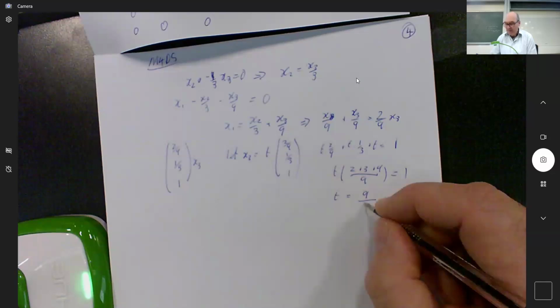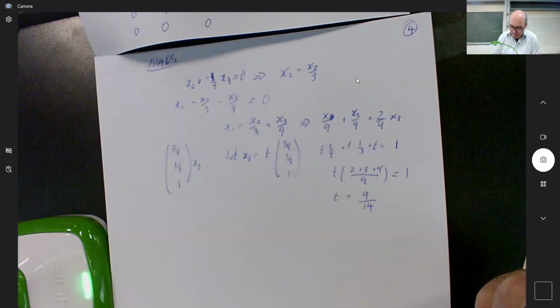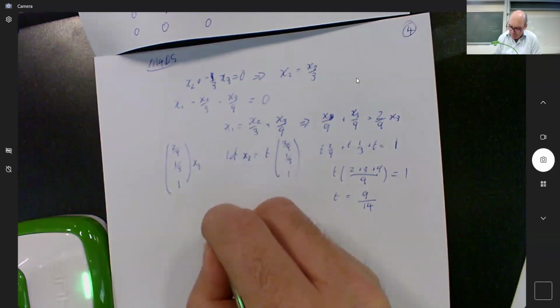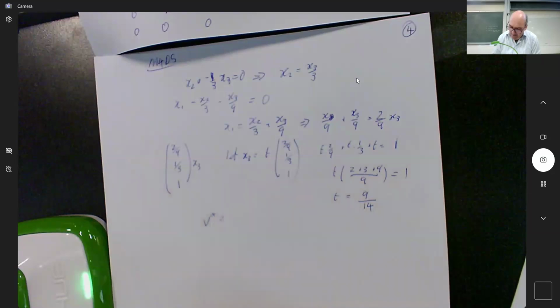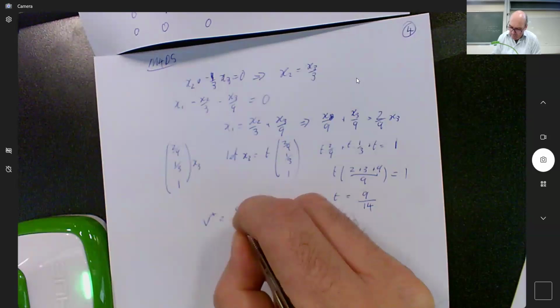All right. So my steady state vector should be equal to 9 on 14 times 2 on 9.